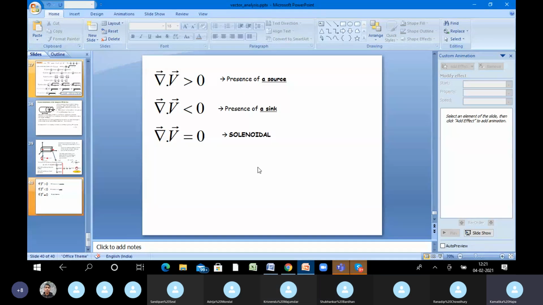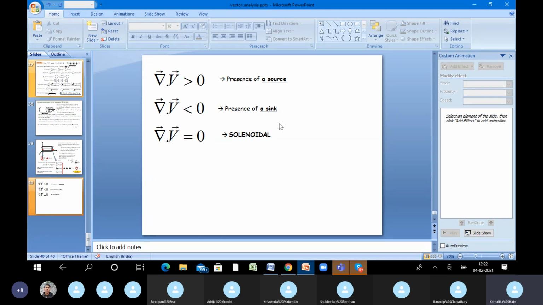So this is exactly why magnetic monopoles do not exist: the magnetic field is always solenoidal, which means that if a line of force comes out, it has to also end. A line of force coming out from the North Pole will end in the South Pole. Therefore, you can never have magnetic monopoles. There cannot be a source or a sink in a magnetic field.